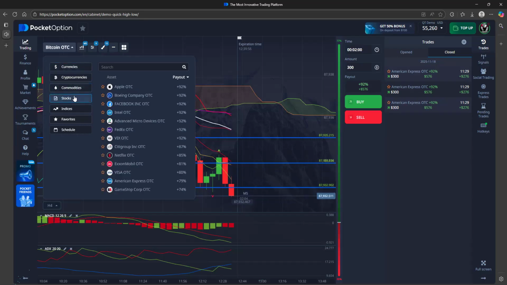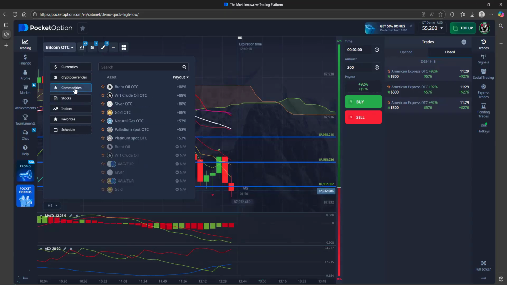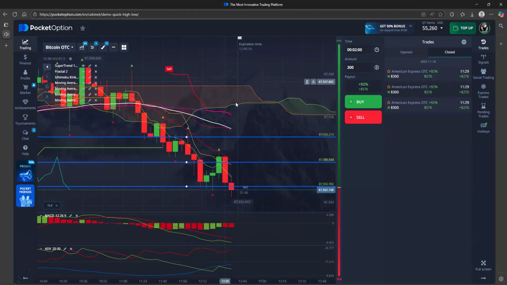I'm going to stocks. I'm going to indices. Whatever it is, I'm going to find something that's more favorable so I can make me some money. I'm not going to focus on things that don't make me money, like worrying about what's the probability if this is going to get up here or not.